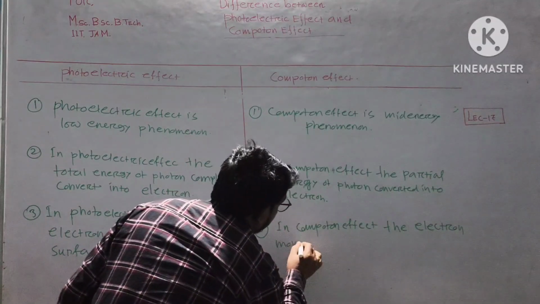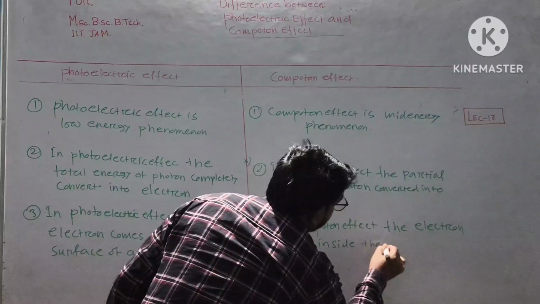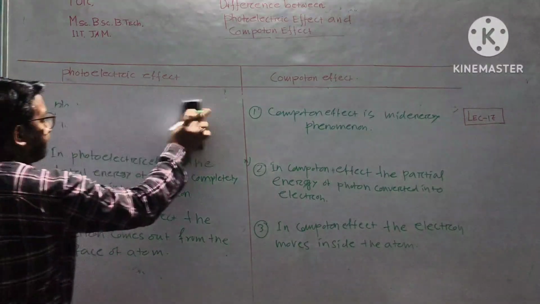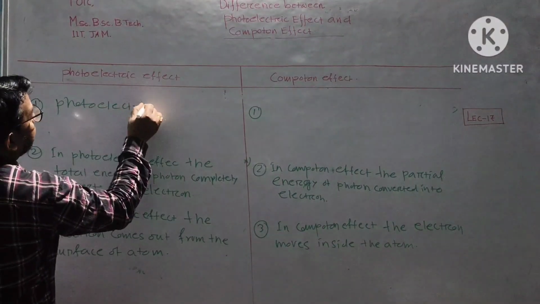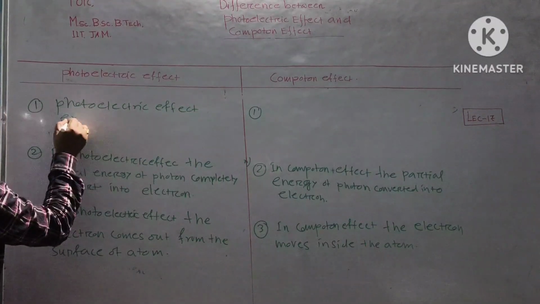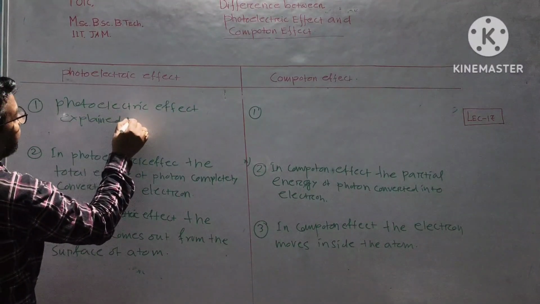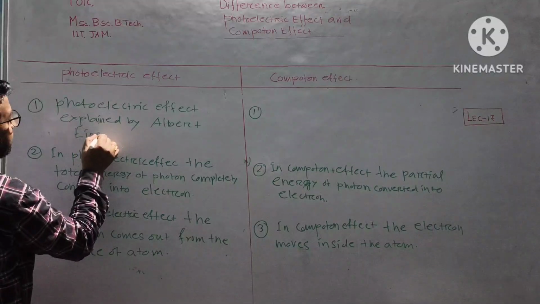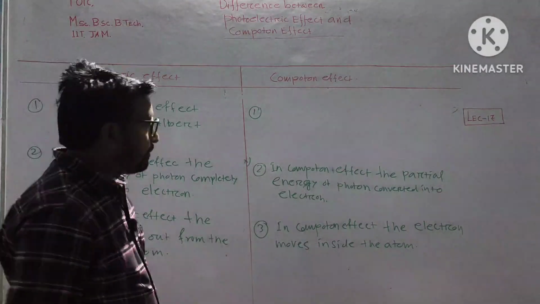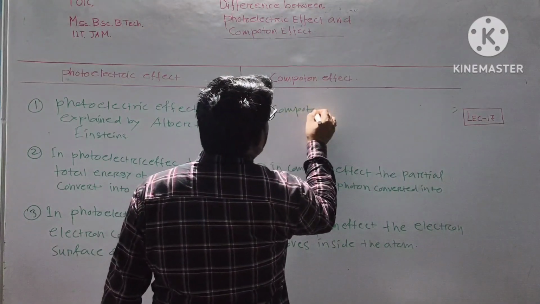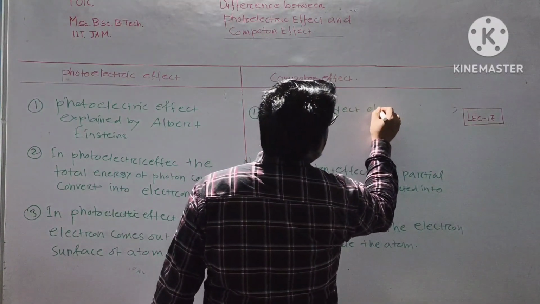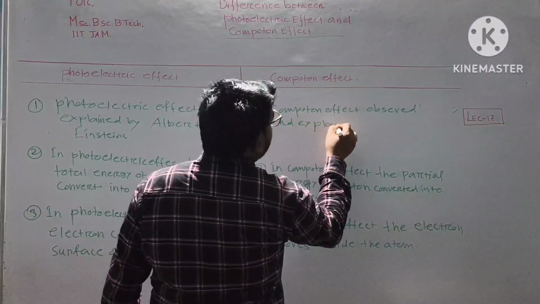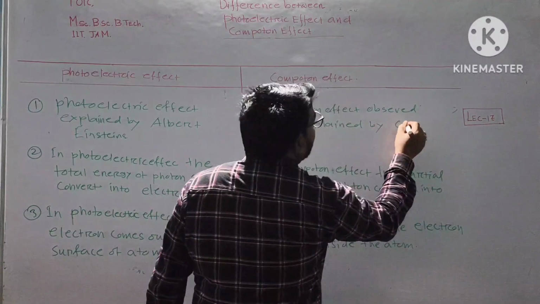Next difference between them: the photoelectric effect was explained by Albert Einstein. But the Compton effect was observed and explained by Compton.